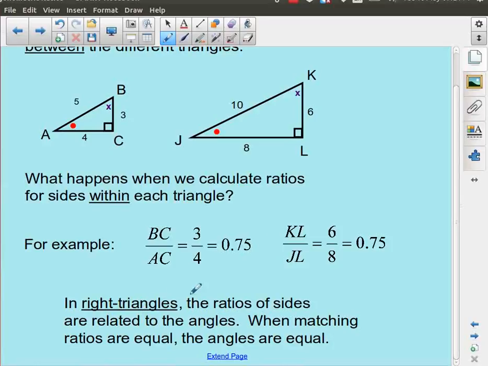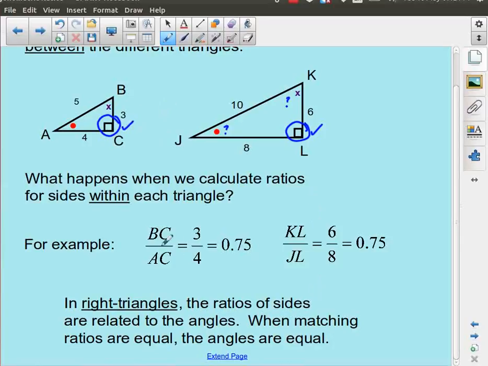So we are going to be focusing on right triangles, and in right triangles it turns out that the ratio of the sides is related to the angles in a very predictable way. And when I say angles, I mean these angles that I actually don't know yet. I don't need to say anything more about the right angle. It's a right angle. It's 90 degrees.